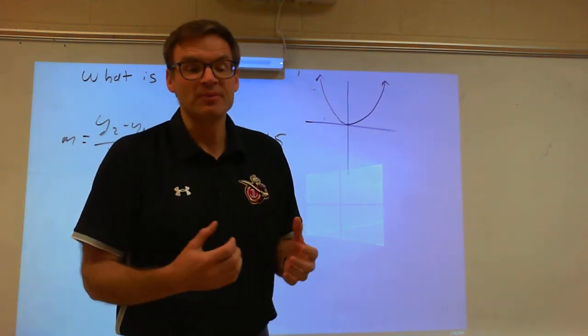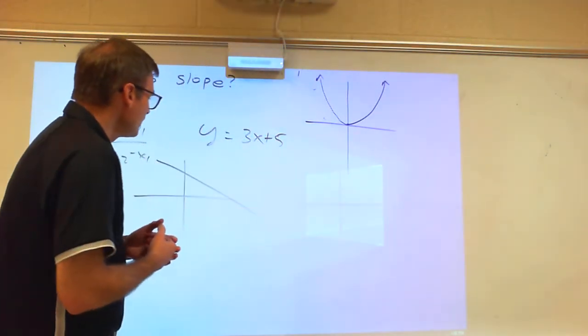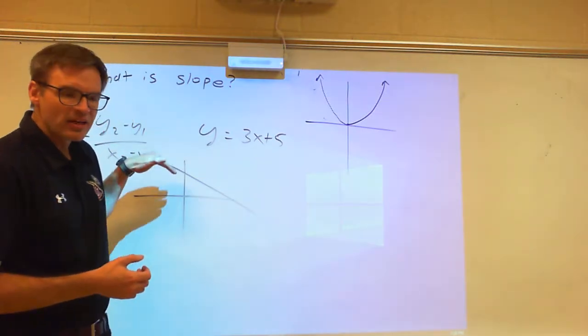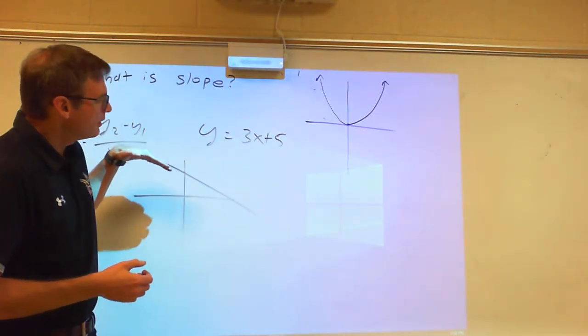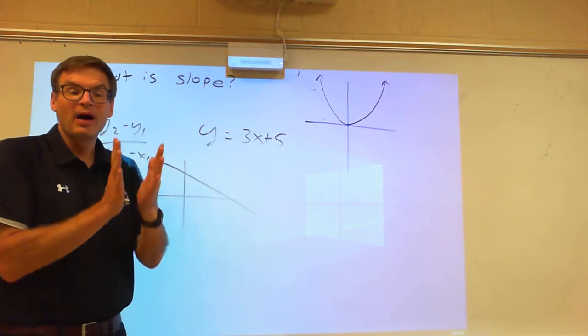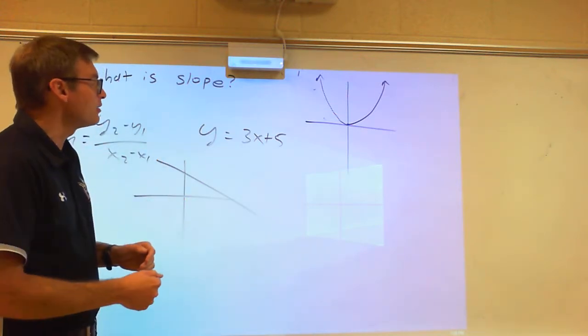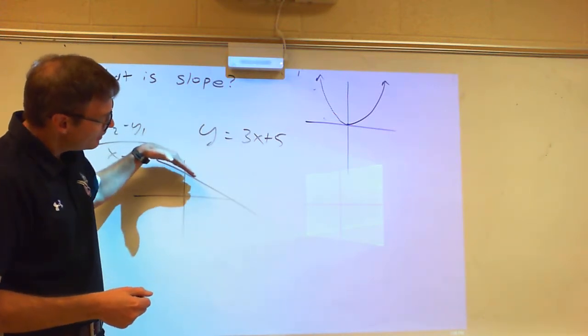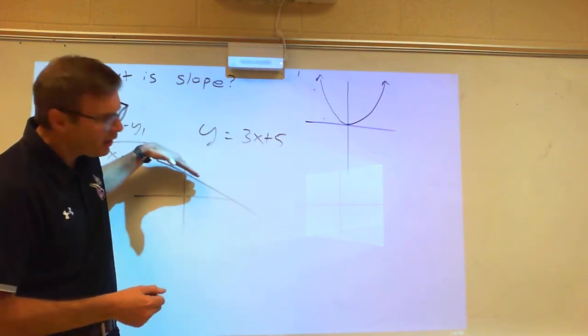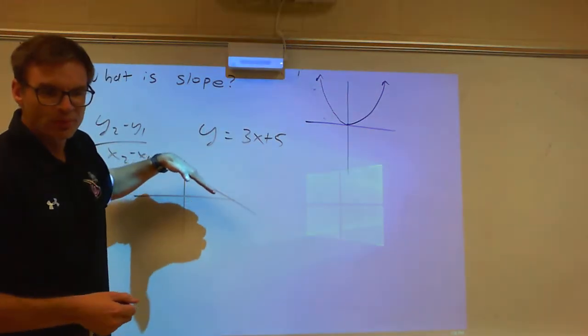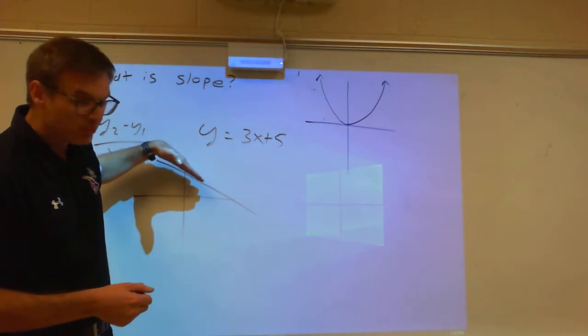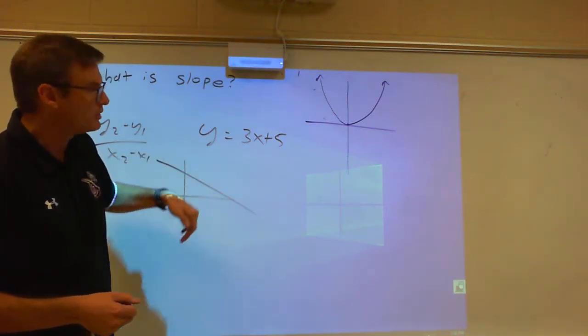How steep something is. You can look at this line: if you're going uphill, your slope is positive. If you're going downhill, your slope is negative. So this is a moderately gradual downhill slope. We're not too steep, but we're going downhill.